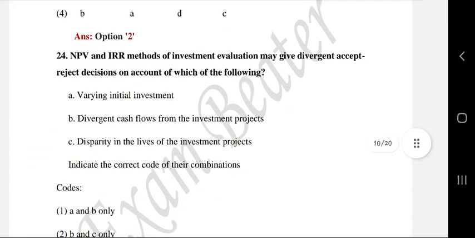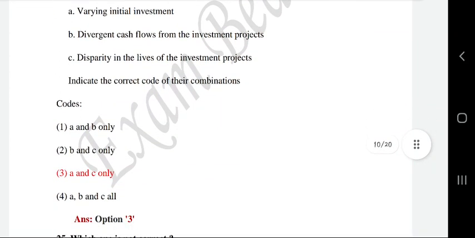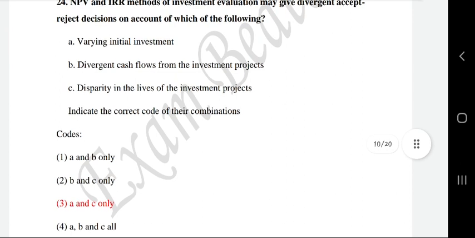Next, NPV and IRR methods of investment evaluation may give divergent accept or reject decisions on account of which of the following? The answer is 3, A and C only.